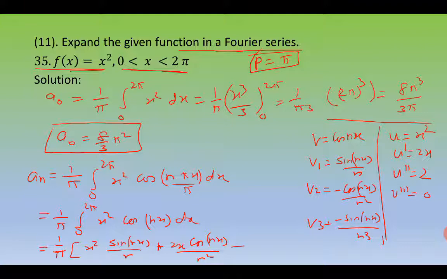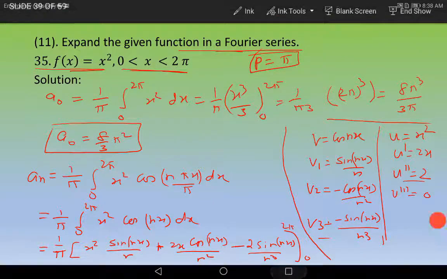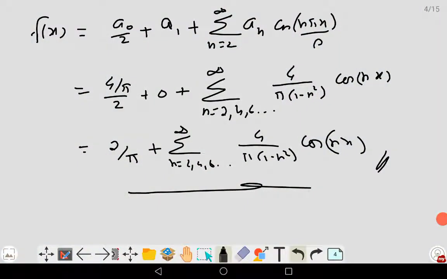Finally plus, and this will be minus, so here will be minus 2 times u double prime, which is 2, and v3, which is sin nx over n cubed, from 0 to 2 pi. So we will continue on the worksheet.